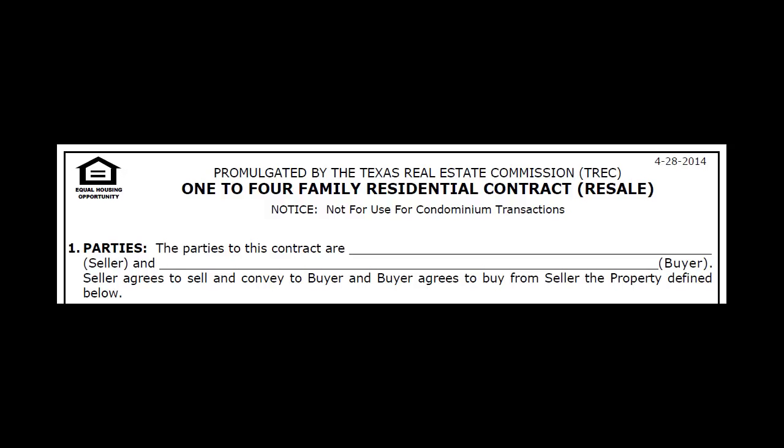One other note here is if there's any kind of question as to how the title should be vested, or the kind of legal structure between multiple parties on the contract, then you might need to specify.